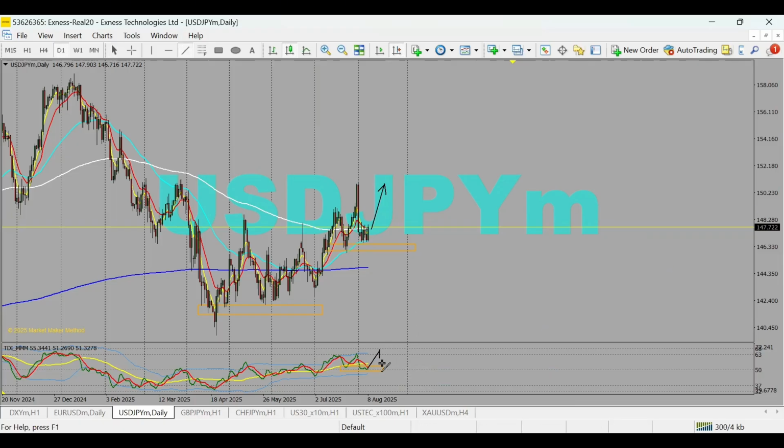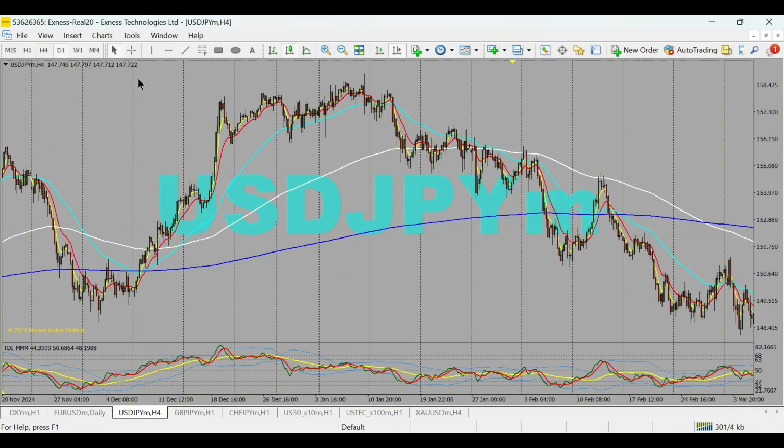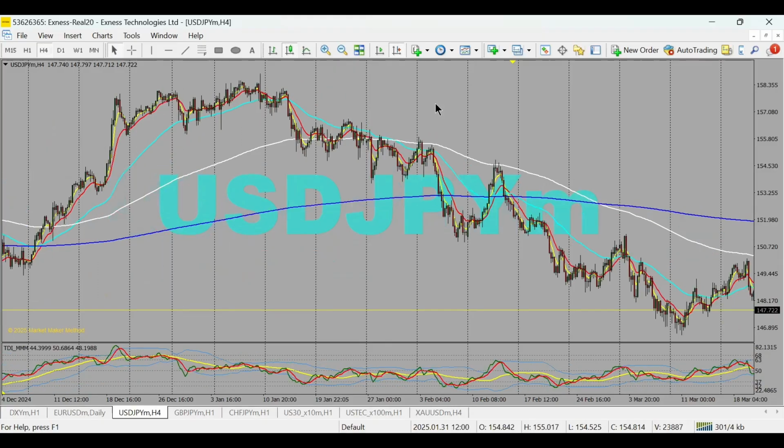So let's have a look at the lower time frames as well, and let's try and see where we can capitalize on when it comes to entry. Let's see where exactly we can take advantage of the pair for entry.